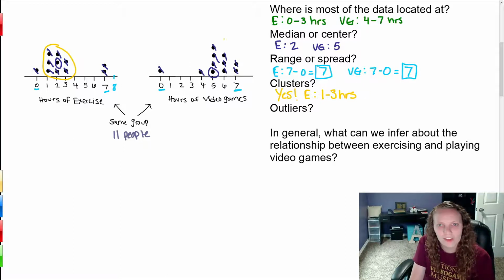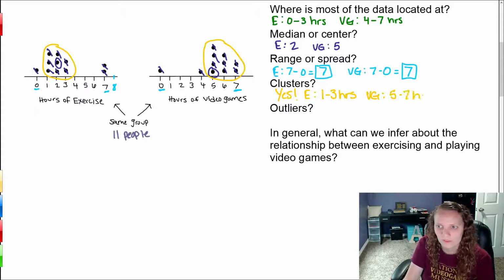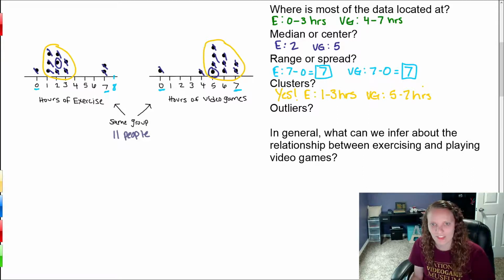And then for video games, I am seeing a cluster here, a large group of points from 5 to 7 hours. Clusters are where most of the data is. That's what most of the people have said. 1 to 3 hours we exercise, 5 to 7 hours we play video games.